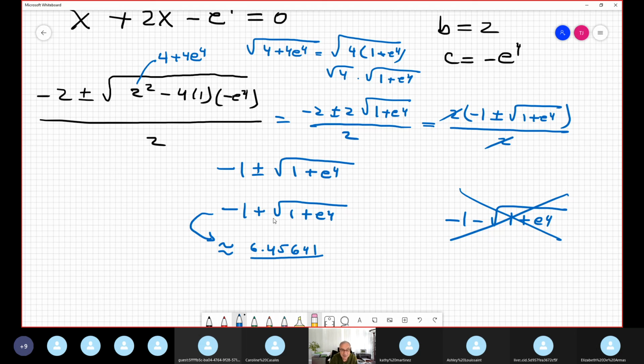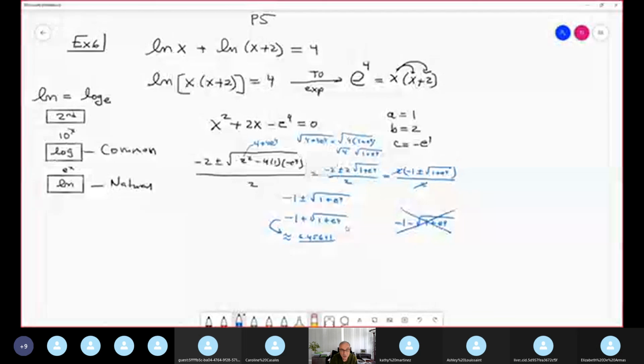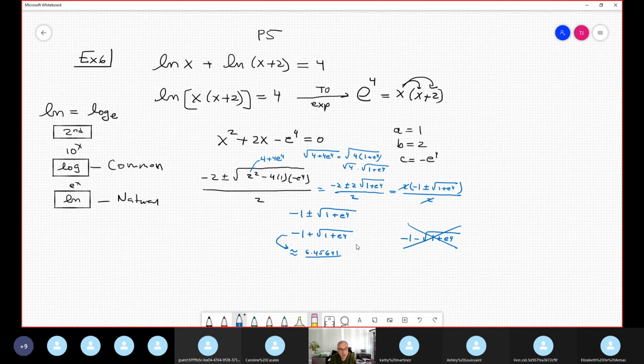Remember, in the test, normally when you get irrational numbers, the test asks you specifically for the approximate answer, not exact answers, and specifies how many decimal places they want. 4 decimal places, 2 decimal places, etc.